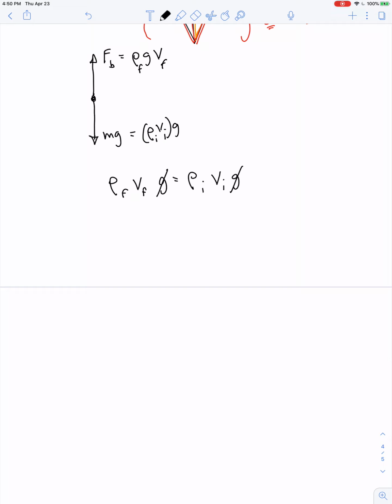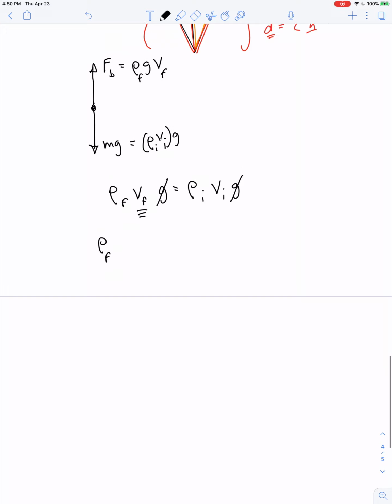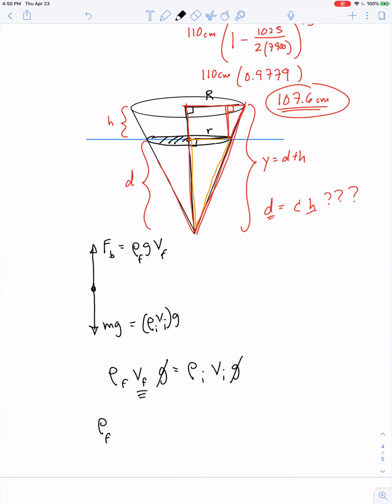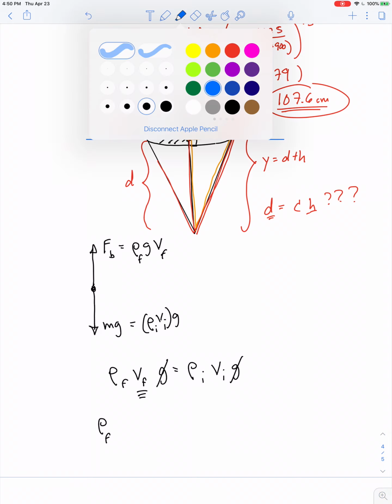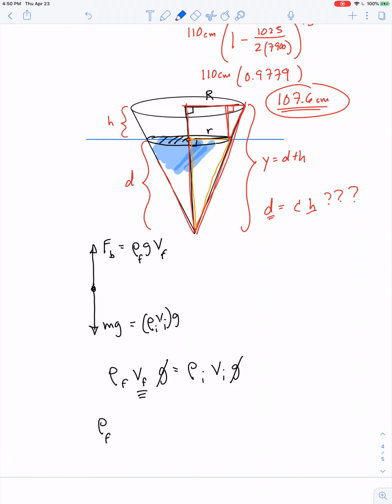Now, the volume of the fluid displaced. The volume of the fluid displaced, well, that's this shaded area. That's all of this. But that itself is the shape of a cone, right? It's just a cone with a height of d. What's the formula for the volume of a cone? Isn't it 1/3 pi r cubed?